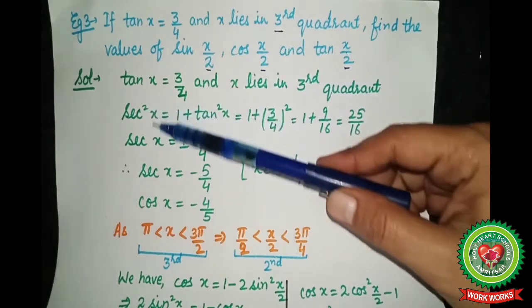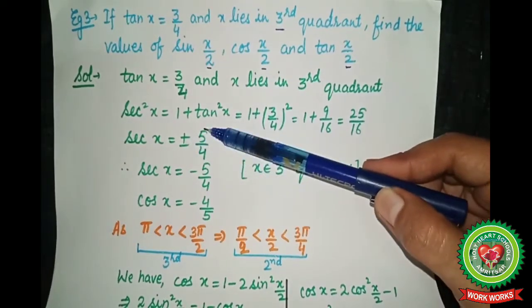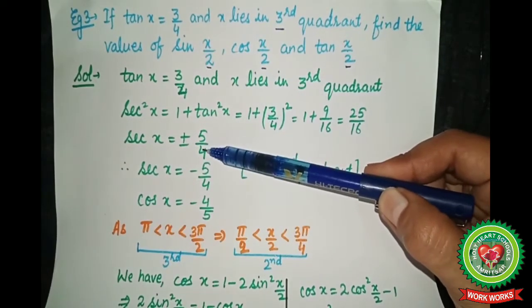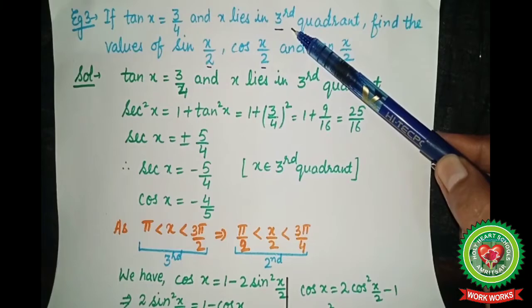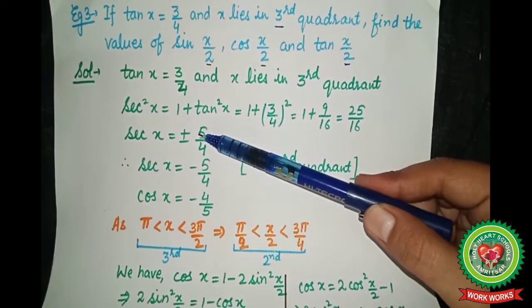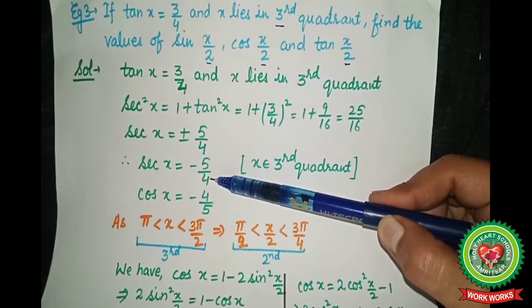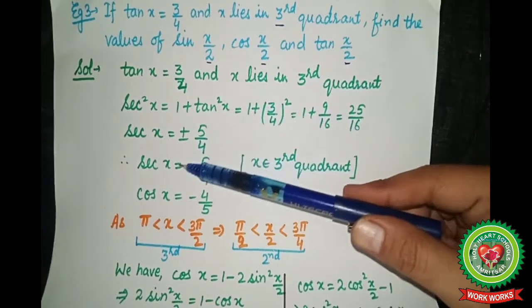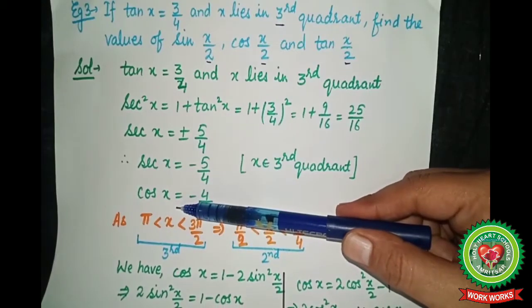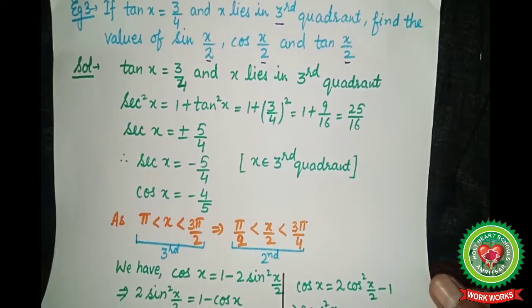Now secant x will be equal to square root of this value, so it is plus minus 5 upon 4. As x lies in the third quadrant, secant has negative value. So rejecting the positive, secant x is equal to minus 5 by 4. From secant we can easily find the value of cos, so it is minus 4 upon 5, that is the reciprocal.